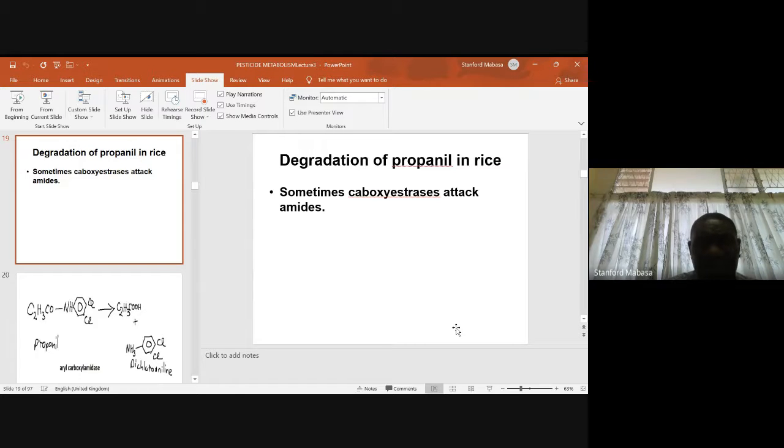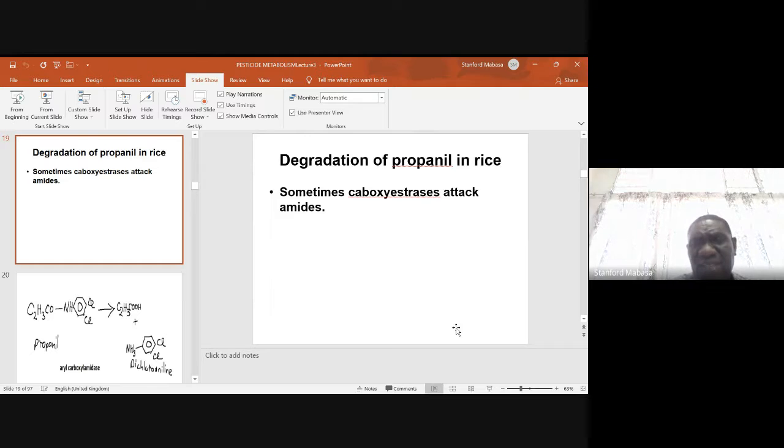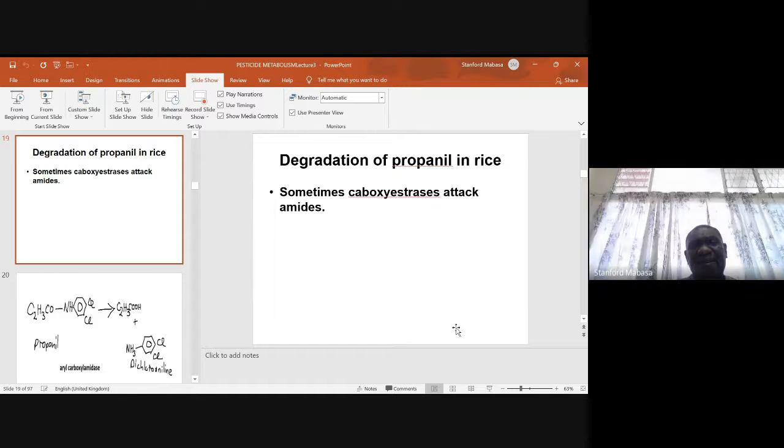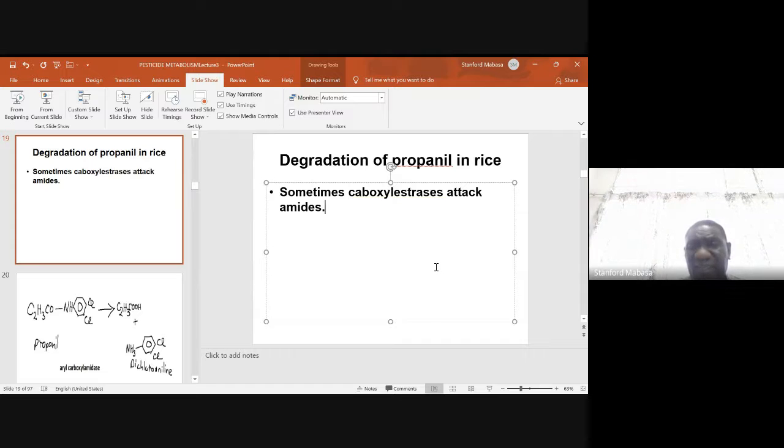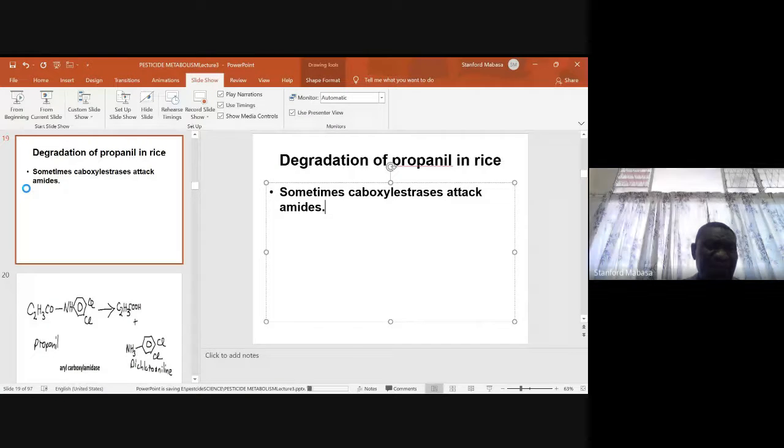The same thing can happen also to the herbicide propanil in rice, which is attacked by carboxylesterases. I think there's an L here, yeah. Carboxylesterases, which can attack amides.